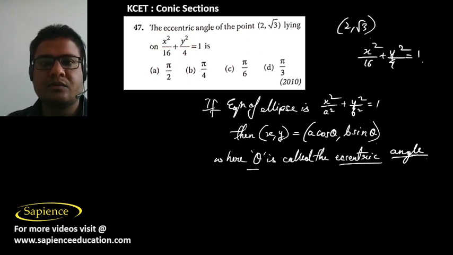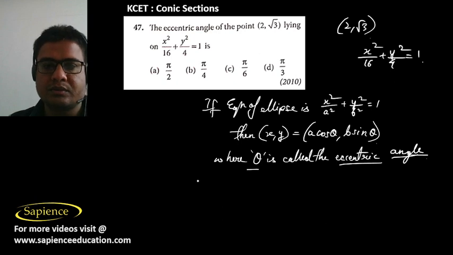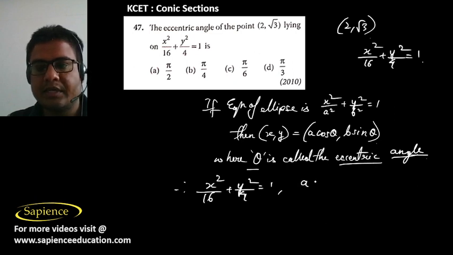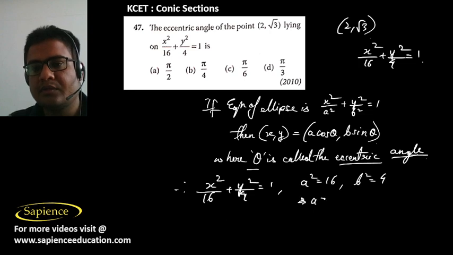Okay, so now the eccentric angle of the point 2 comma root 3 is, so here the ellipse is x square by 16 plus y square by 4 equal to 1. So here a square is 16 and b square is 4, so therefore a is equal to 4 and b is equal to 2.